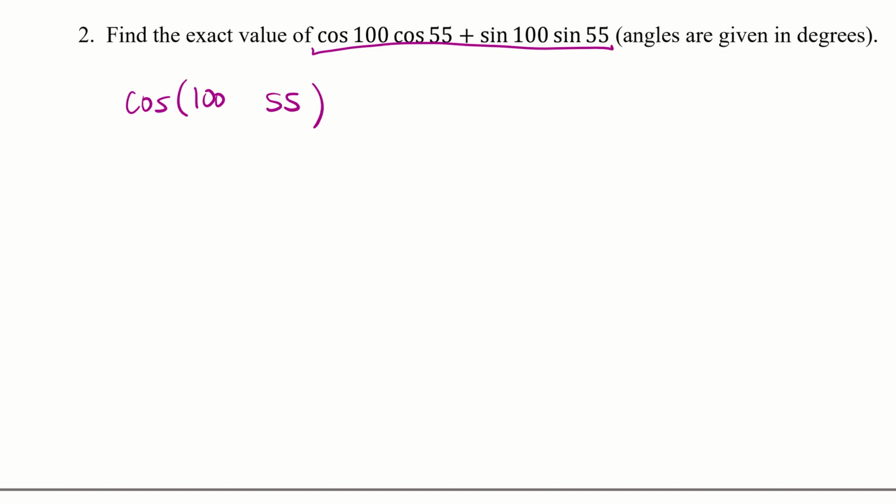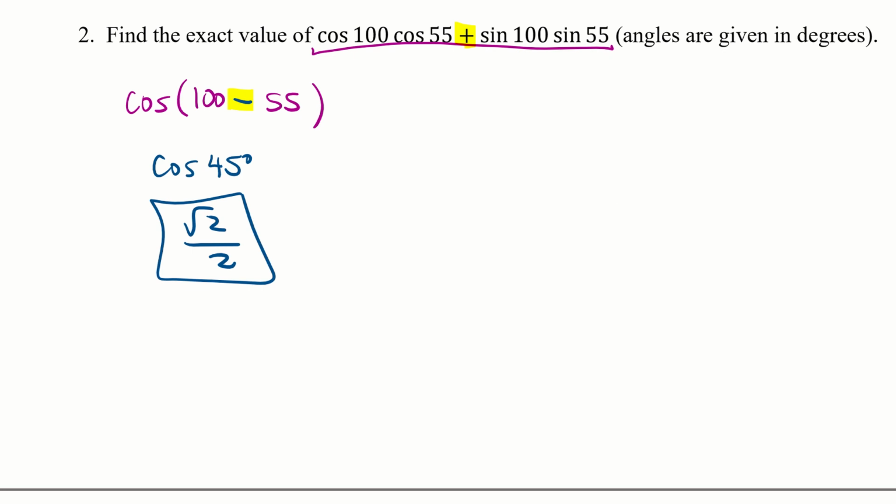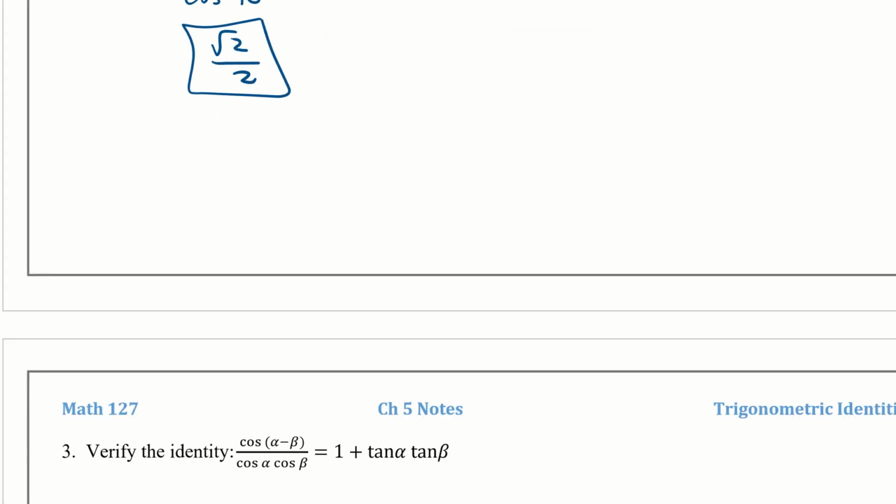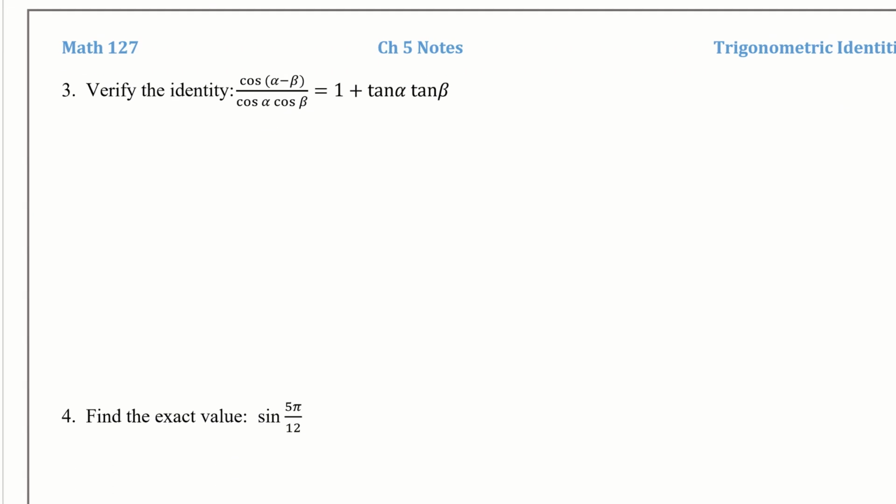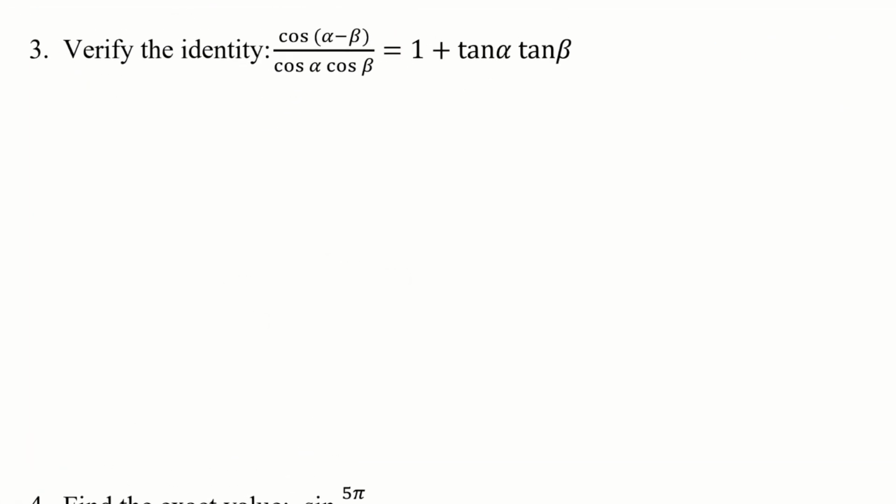Since this is addition here, we are really doing the difference formula. So really this is the cosine of 45 degrees, which is root 2 over 2. This is just asking us to identify what formula we're using, then do that subtraction and take the cosine from there.